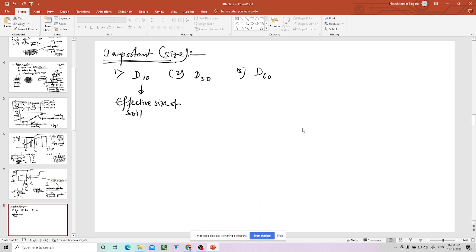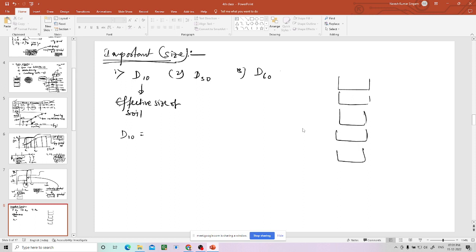I can give you the definition of D10. It is the size below which the percentage finer is 10. Suppose you are taking different sieve sizes.